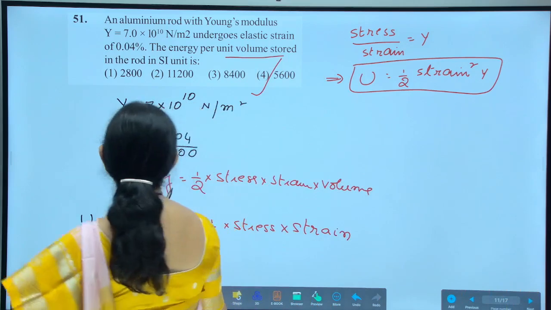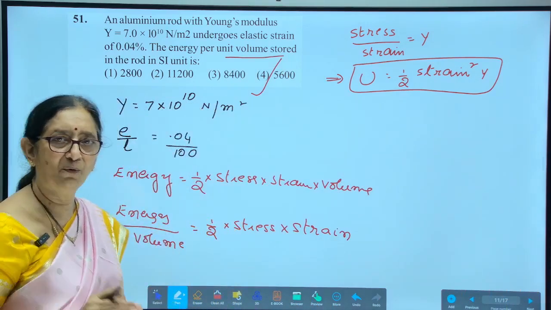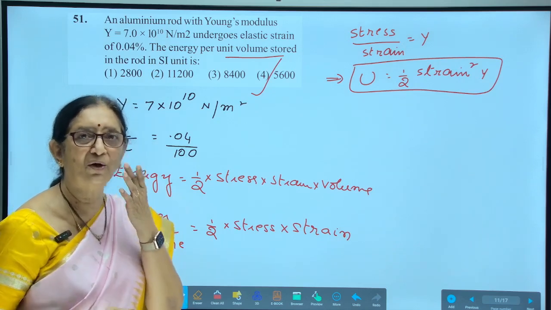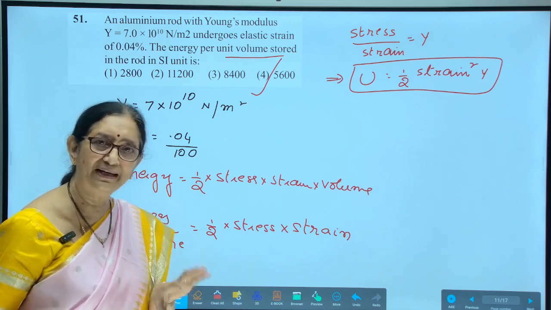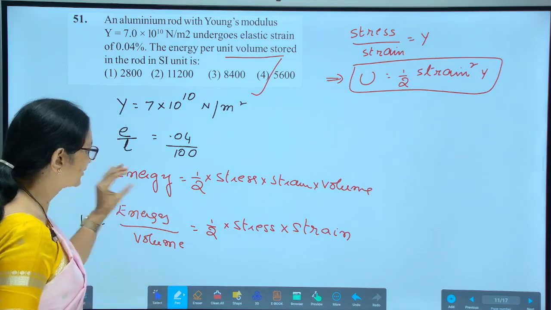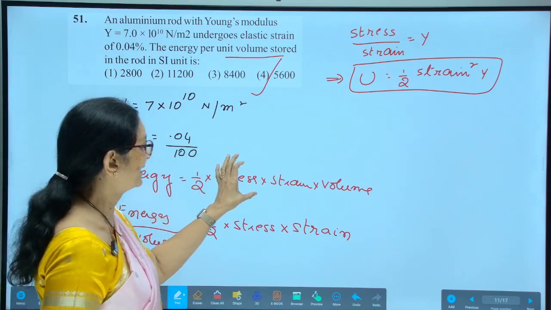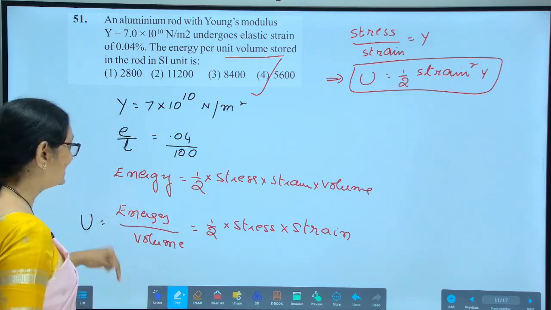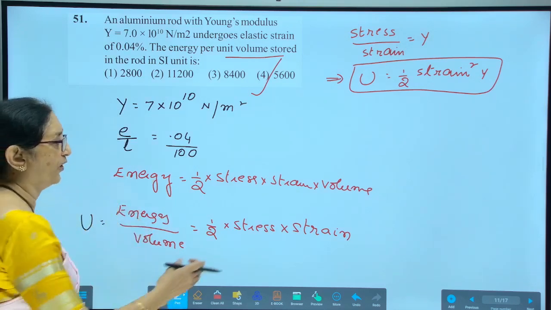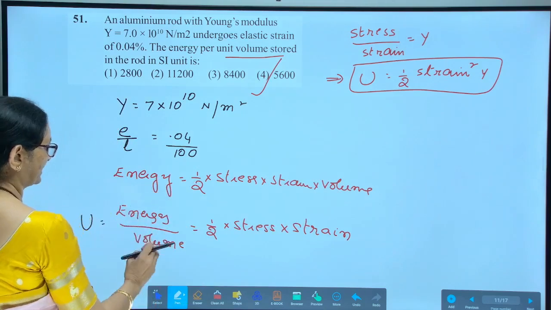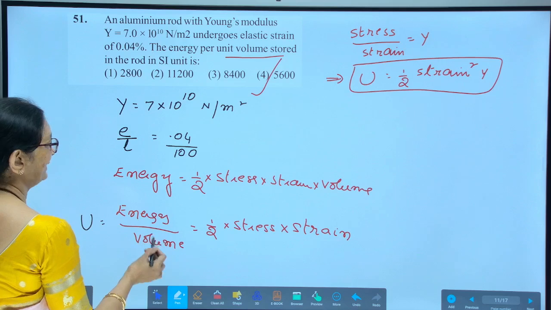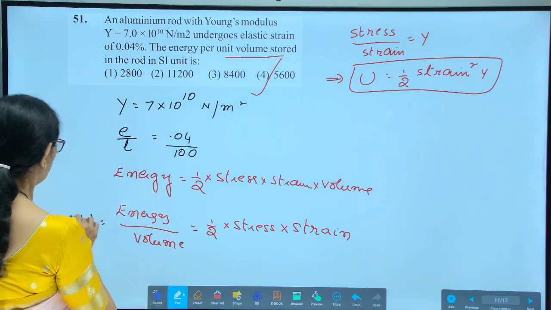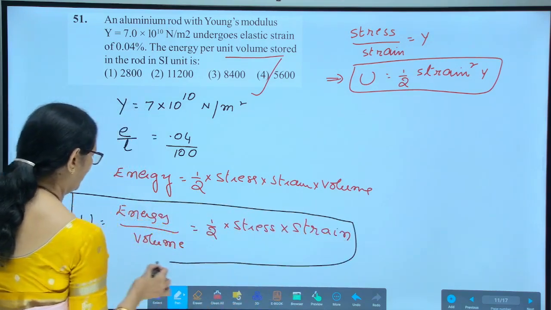See here, the expression we derived for elastic energy stored in an elongated wire or in a compressed object is energy equal to half into stress into strain into volume. That is energy. Energy density means energy per unit volume. If you bring this volume to the denominator, energy per unit volume is half stress into strain. So this is the formula we are going to use here.